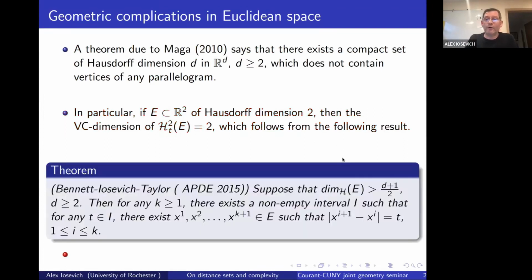And this follows from the following result due to Mike Bennett, Krystal Taylor, and myself. The result says that if you have a set of Hausdorff dimension bigger than (d+1)/2, then there's an interval so that if you choose any value t from that interval, a positive real number, you can find k+1 points in your set that give you a chain where the side length is t, so the consecutive distances are equal to t.